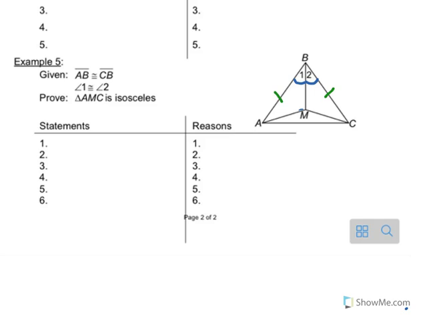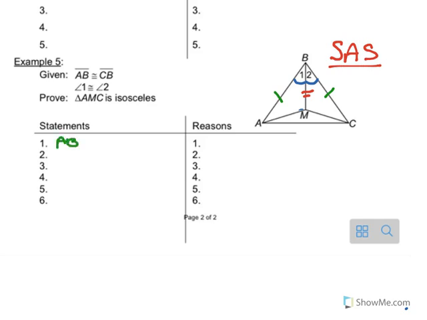And I hope you're seeing that we would have side MB because of the reflexive property. And so what strategy is this? This is going to be side, angle, side is going to help us prove these congruent. And then once we do that, we can do the other part about the AMC being isosceles. So let's go ahead and write out our proof.